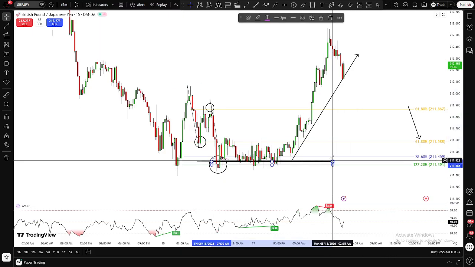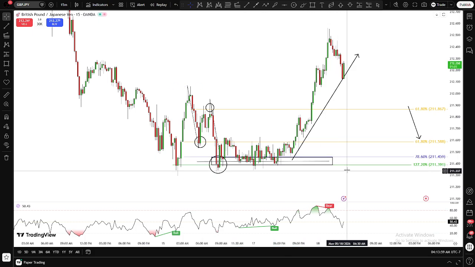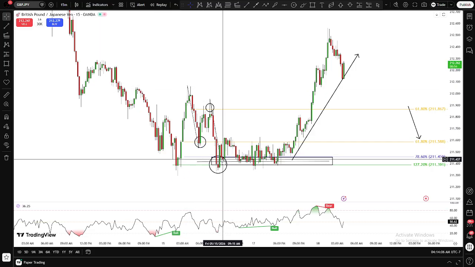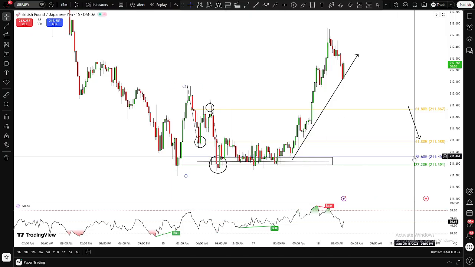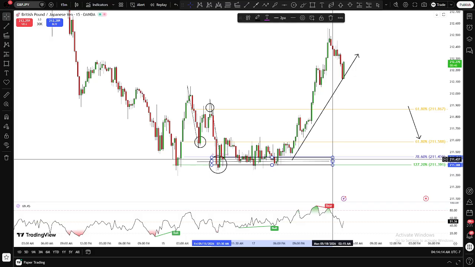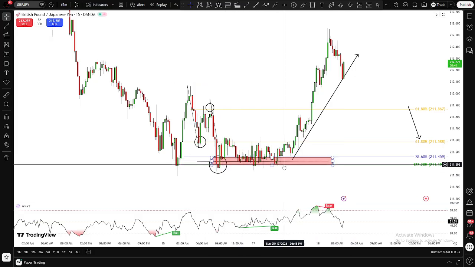So it's down there, but it's making the range a little bit wider. So okay, these are the three you would look for: 127 extension of A to B, the A to B is equal to CD pattern, confluent with the 786 retracement of X to A. So all three of those. And if we were to kind of give this some color, it would look like that. That'd be the potential reversal zone.